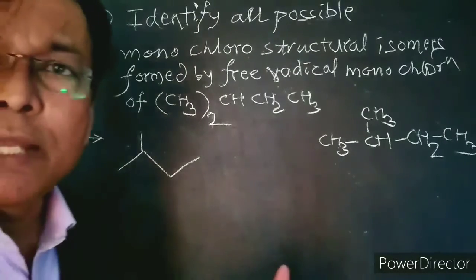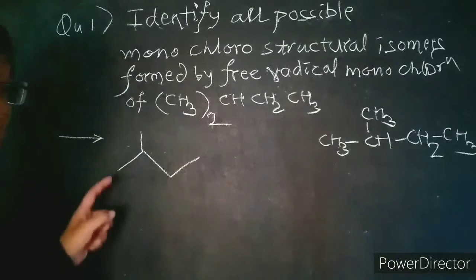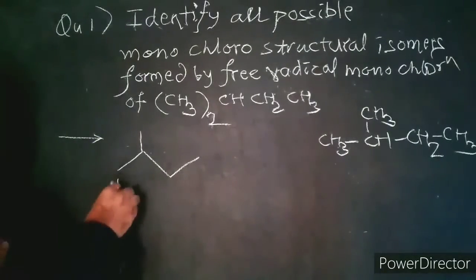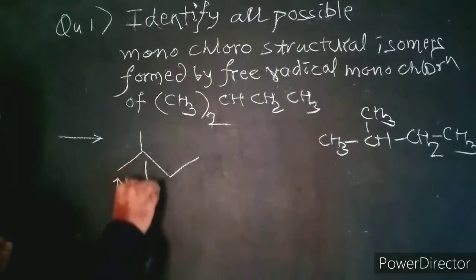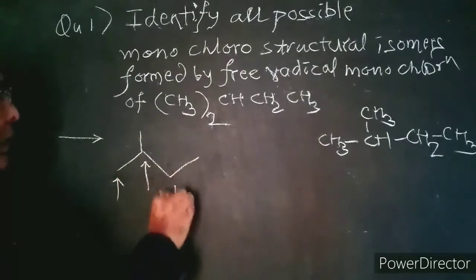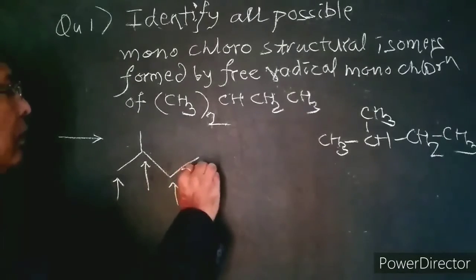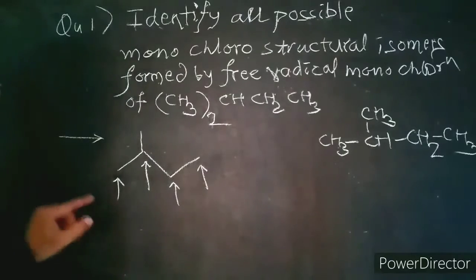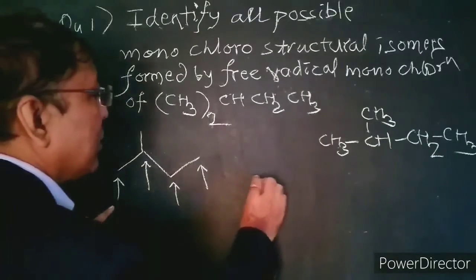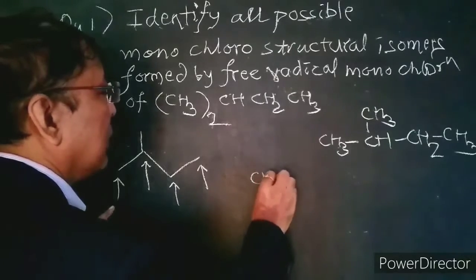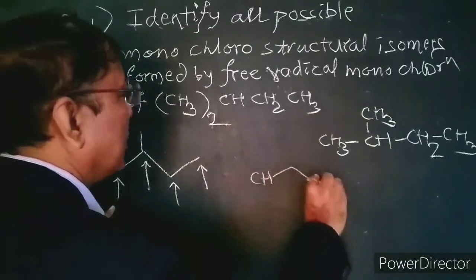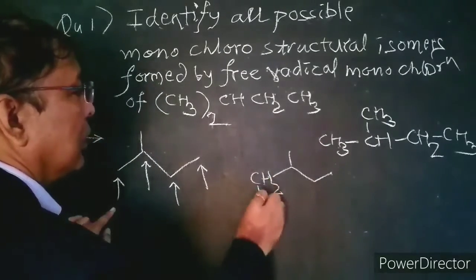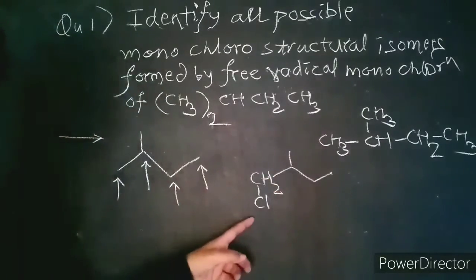We have to find how many different types of hydrogen atoms are present in the molecule. If you see the structure, there are 4 different types of hydrogen atoms present in this molecule. On replacement of this hydrogen atom by chlorine, we get one isomer like this.